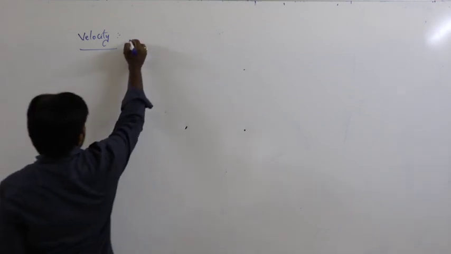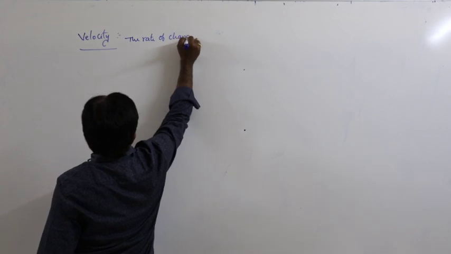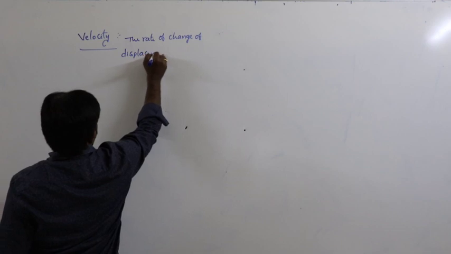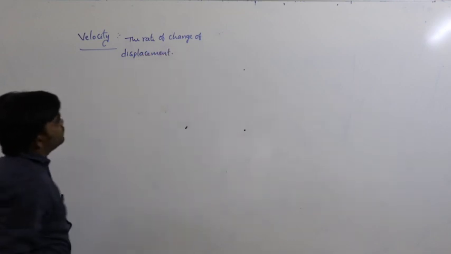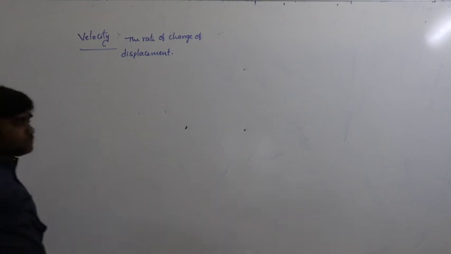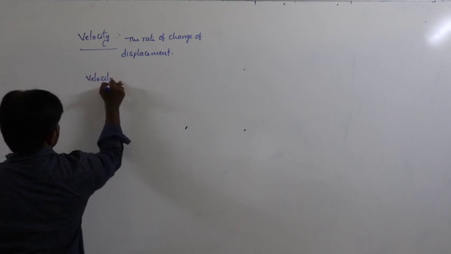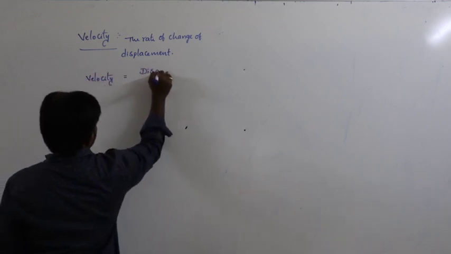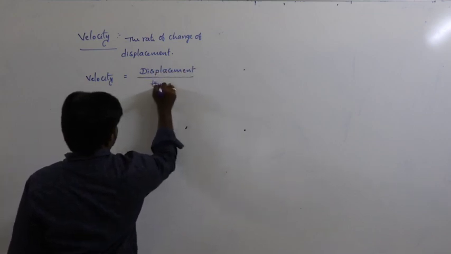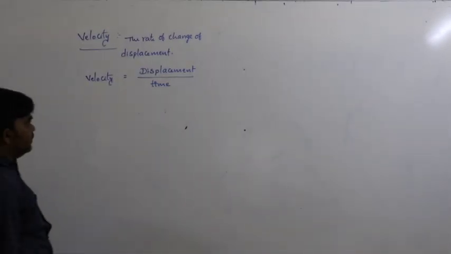So velocity is defined as the rate of change of displacement. The rate of change of displacement is called velocity. Simply, we can write the definition of velocity as displacement divided by time.